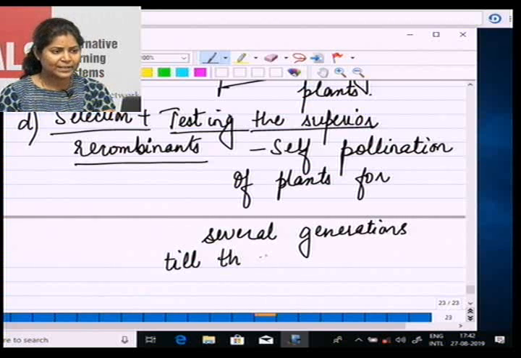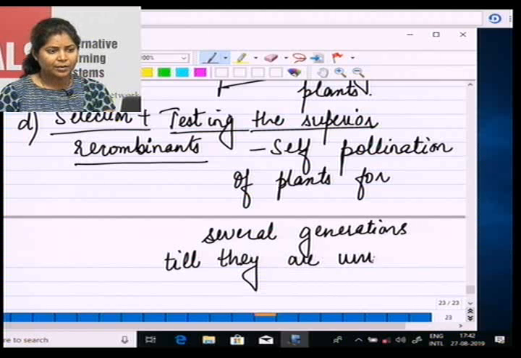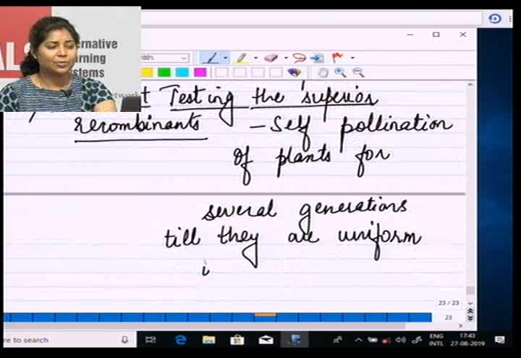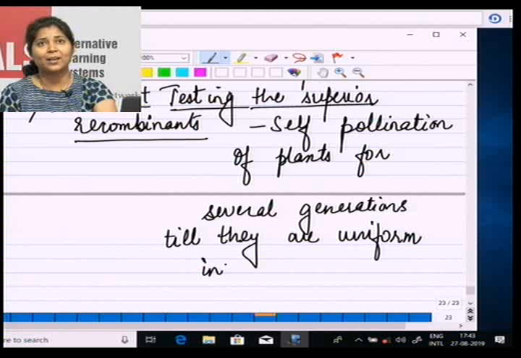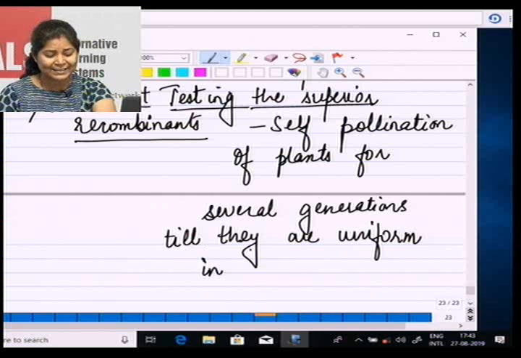So you are going to do this till they are uniform in their character. So this is a tedious process. Just mixing up genes from UP and Maharashtra will not give me the result. I have to undergo self-pollination to understand if they are uniform in characters.